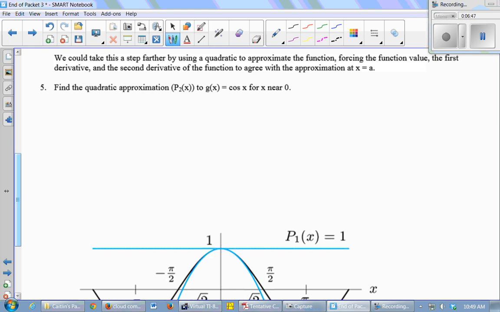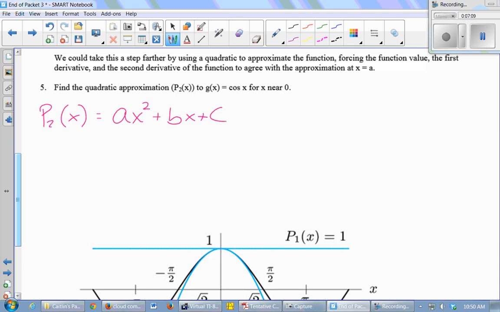Okay, so I'm going to have some polynomial. So the general form would be ax squared plus bx plus c, right? So I'm looking for a second-degree polynomial that will have the same behavior as cosine x when I'm near 0.